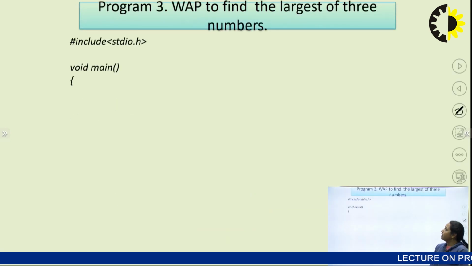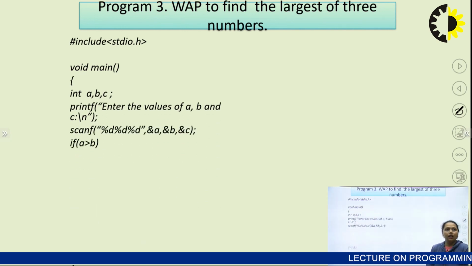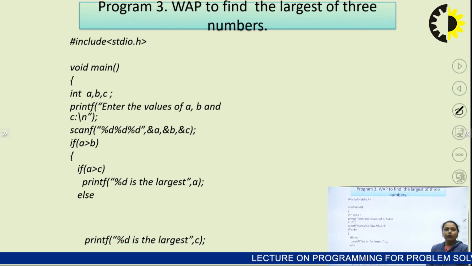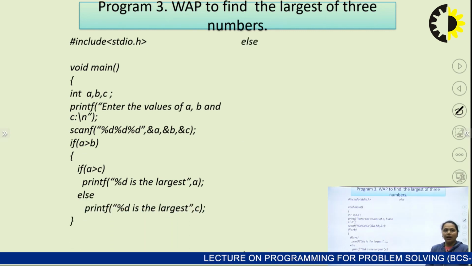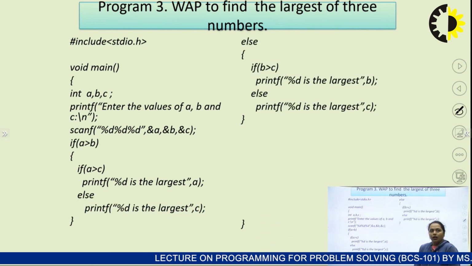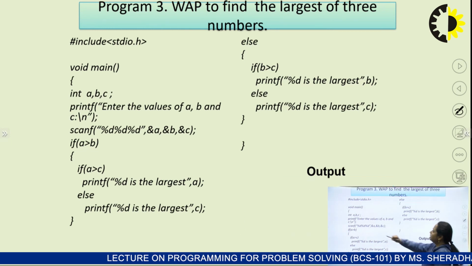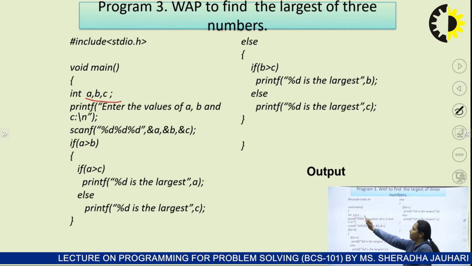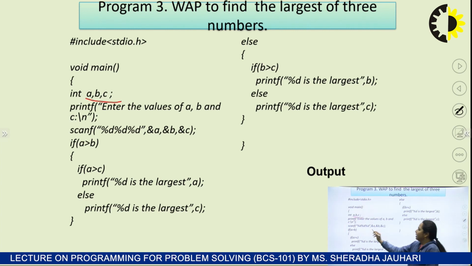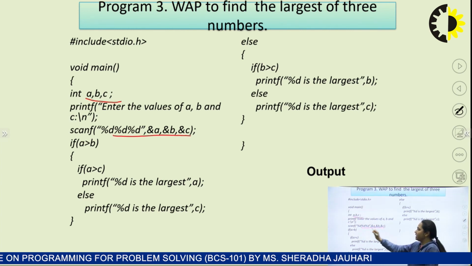Let us understand this with a program. The program is to find the largest of three numbers, to check which number is largest among three. So, we have taken input of three numbers A, B and C. These are entered here with the help of scanf function.